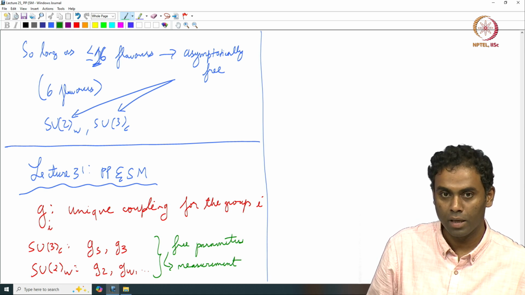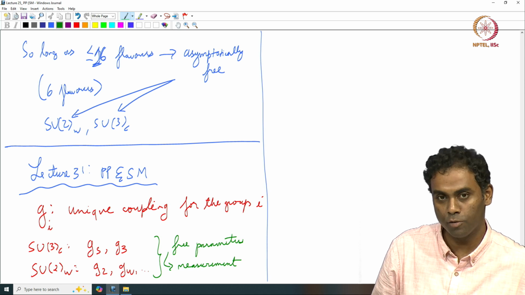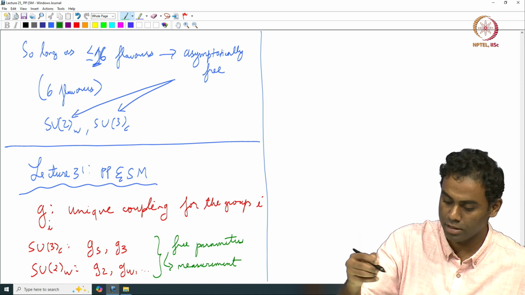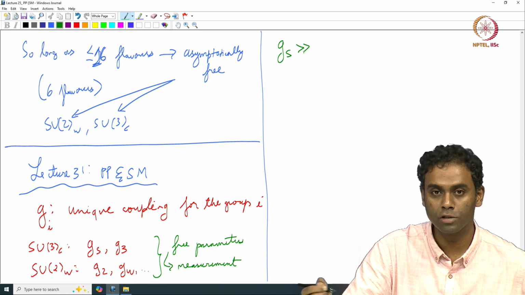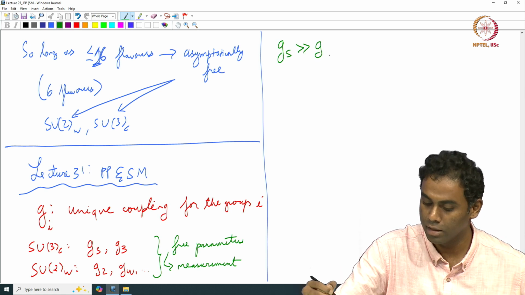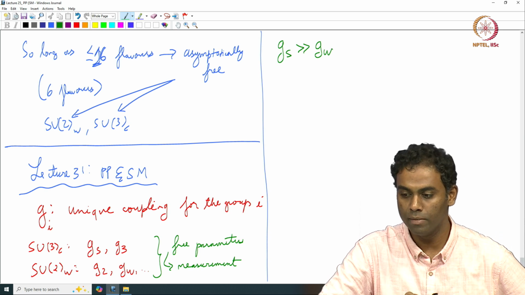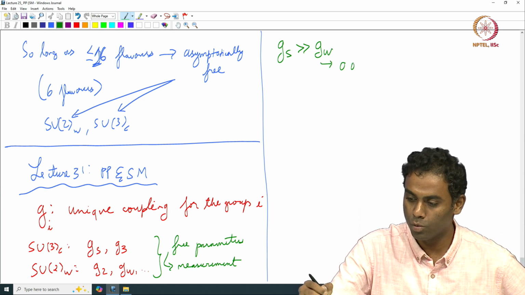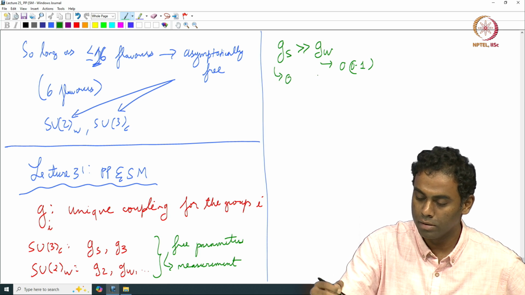Okay, and the reason the strong force is called the strong force and the weak force is called the weak force is simply that the strong force coupling happens to be much larger than the weak force coupling. That's all. Okay, this is around order 0.1 and this is order 1 basically.